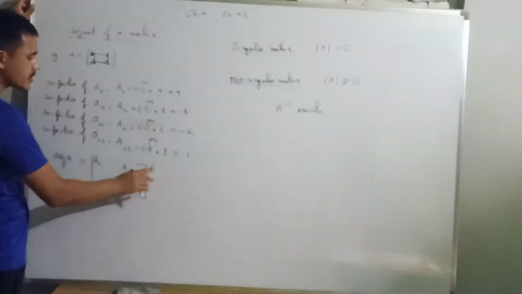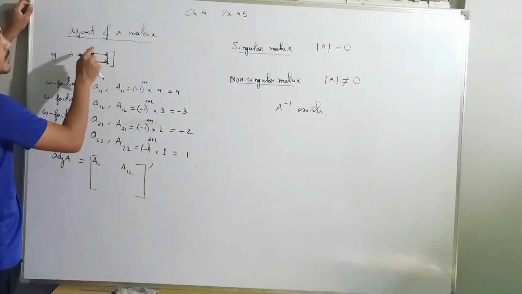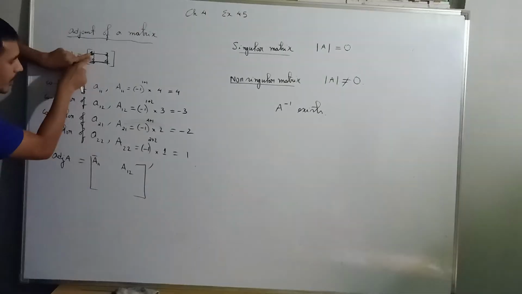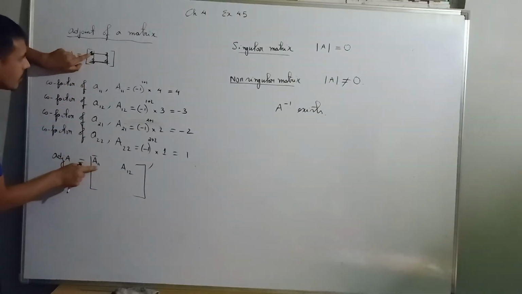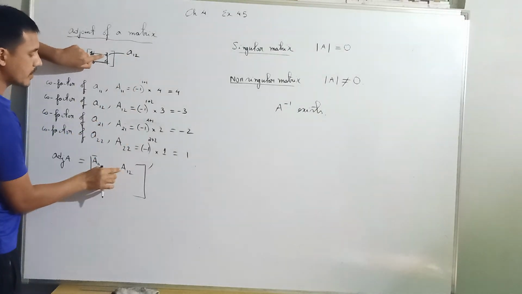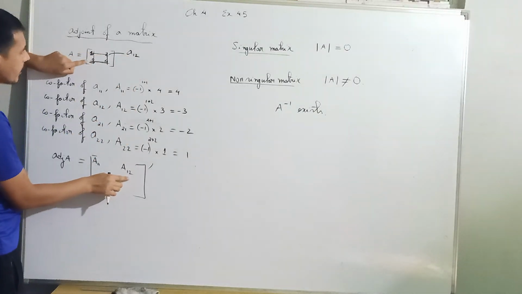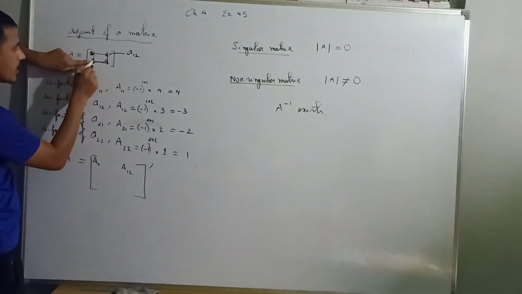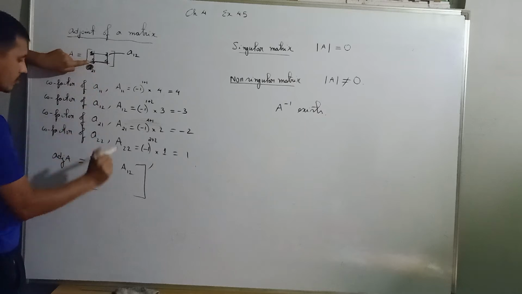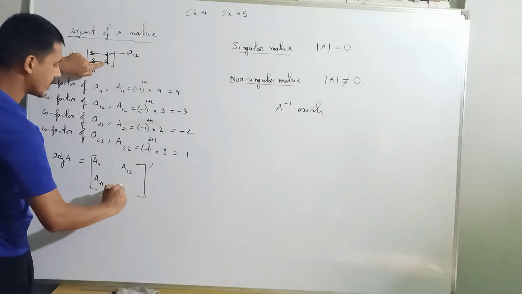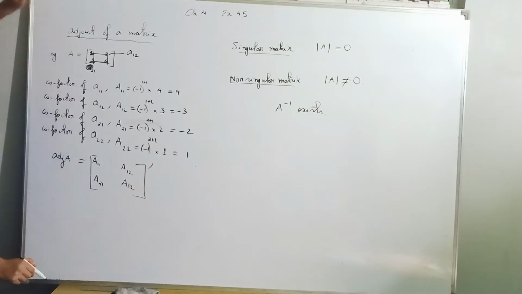Transpose of the cofactor of the elements of this matrix. Cofactor of A11 is capital A11. Cofactor of this element A12 will be capital A12. Cofactor of this element A21 will be capital A21. Cofactor of this element will be capital A22, right?